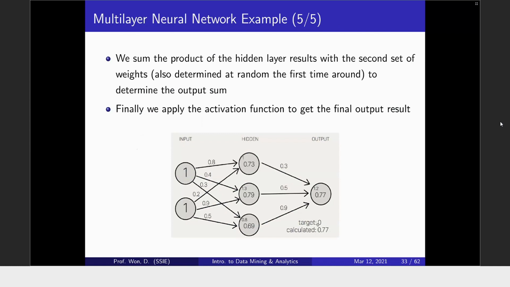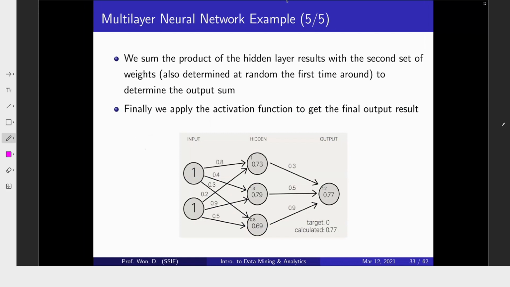So in order to prevent this, let's define our final outcome as y we calculated and the original y, for example in this case 0. Okay, this is some quality measure.